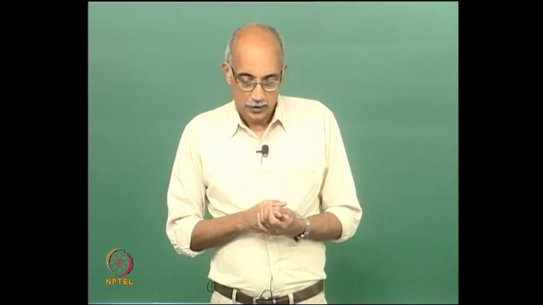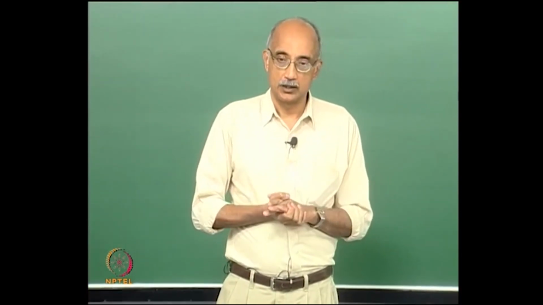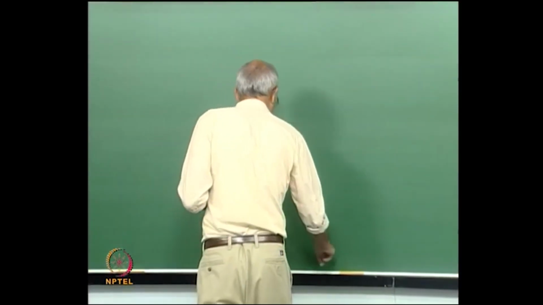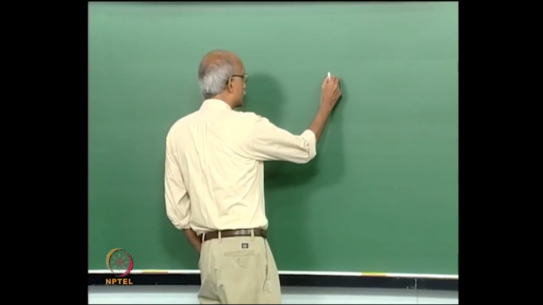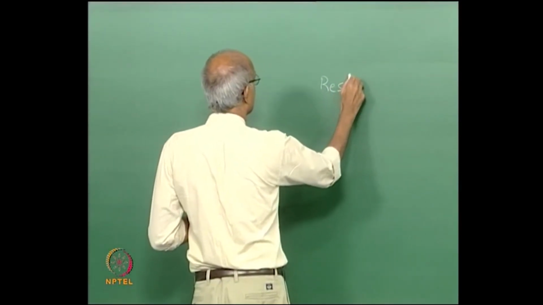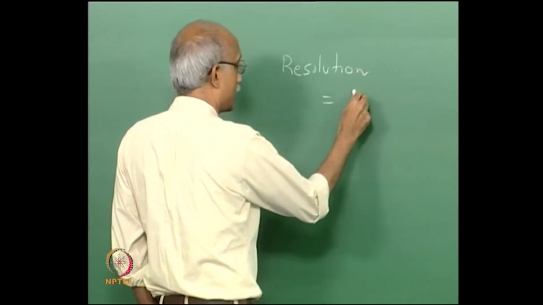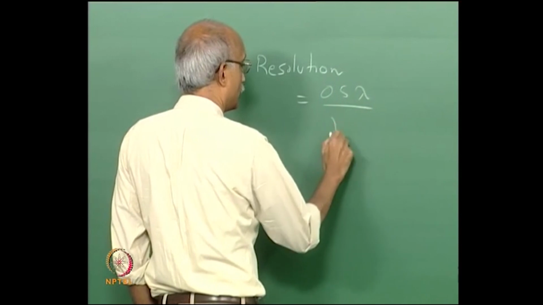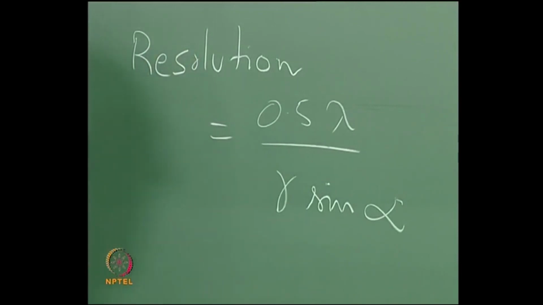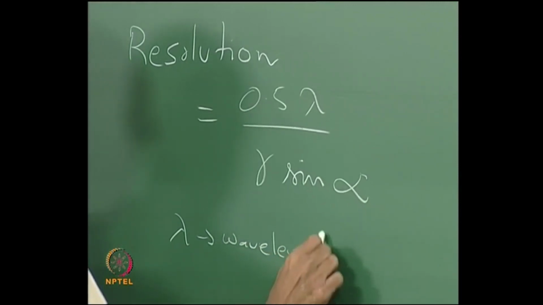in this course. But one of the first things I wanted to point out is that there is a formula for calculating the resolution of a microscope, and you're probably familiar with that formula. Resolution is given as 0.5 lambda over gamma sin alpha, where lambda is the wavelength of the optic light.